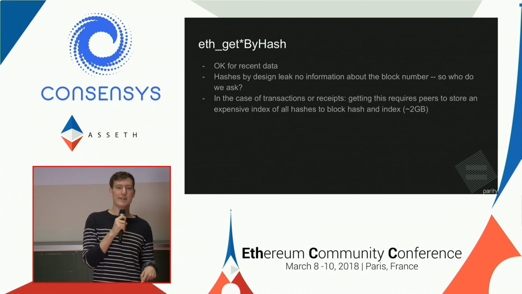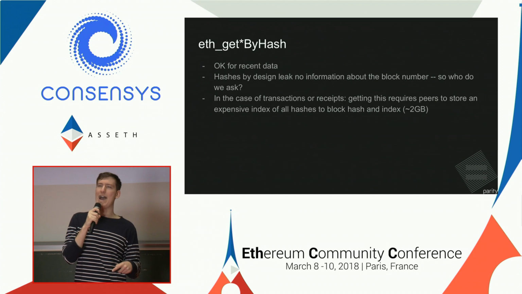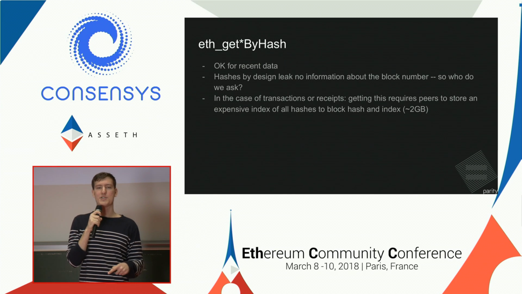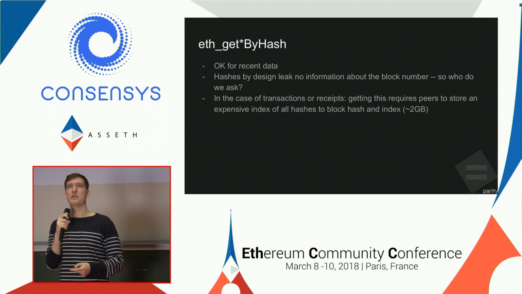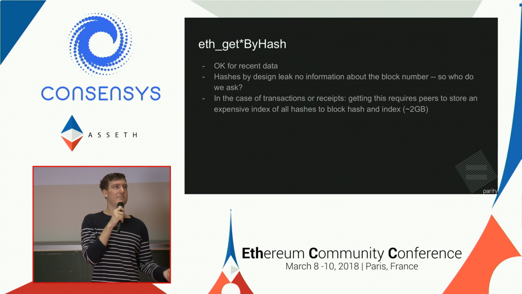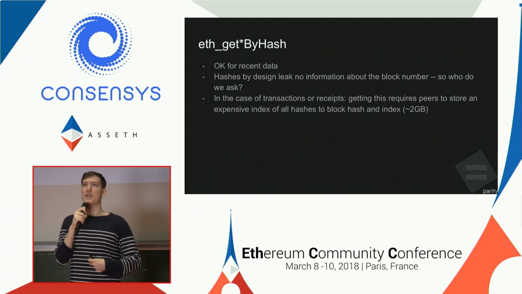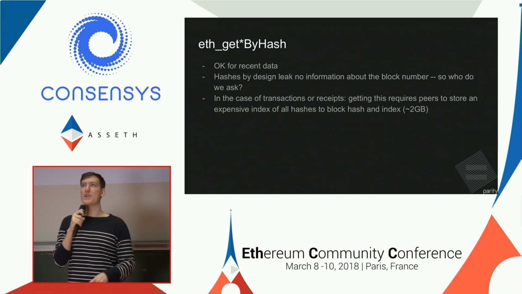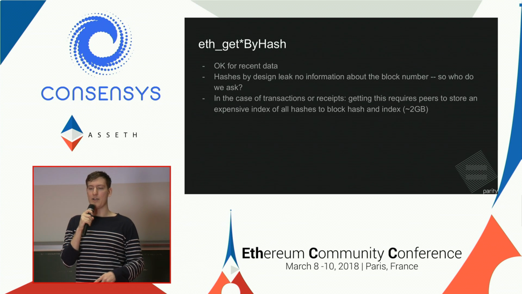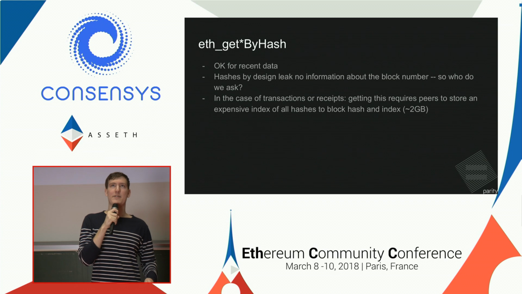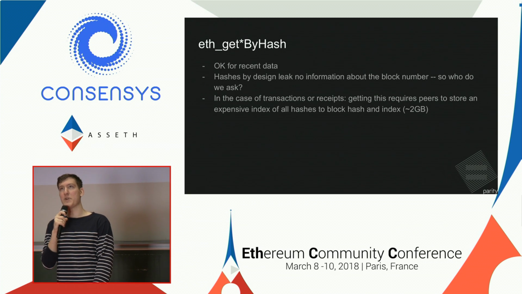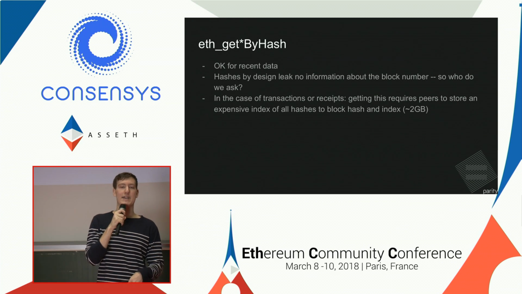Another thing is getting anything by a hash, because hashes don't really leak any information about the block number where any changes occurred. So if you want to get a block by hash, and we have a situation where not everybody stores all blocks, then it doesn't give the light client any information about who they should ask for that data.